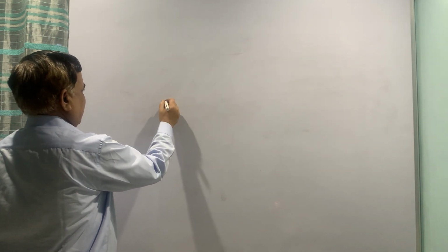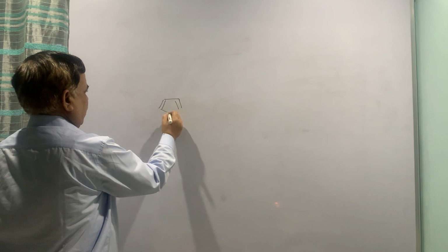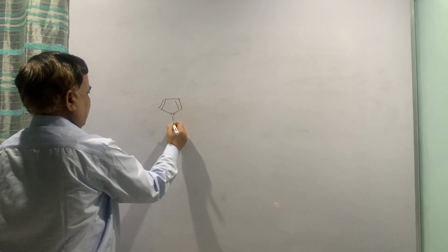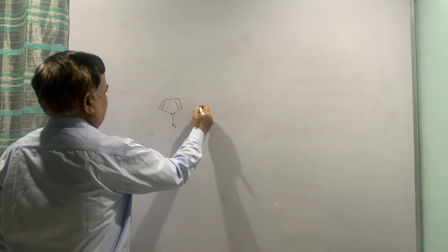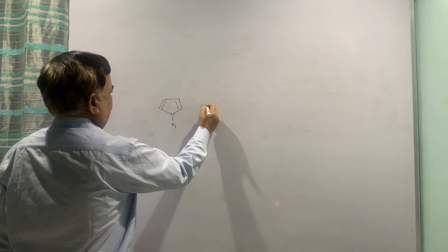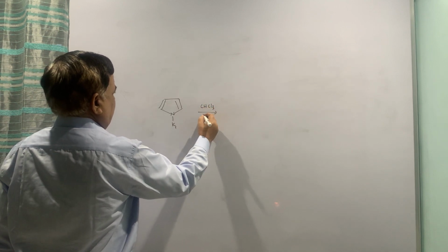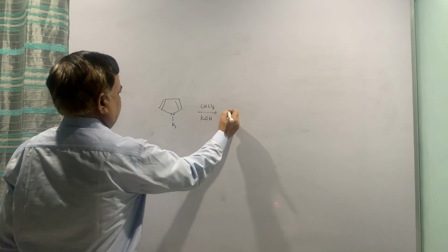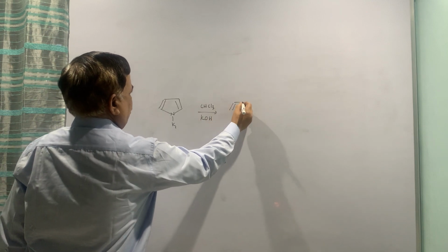Here we are going to look at this, say, and then chloroform, KOH. Two products are formed.